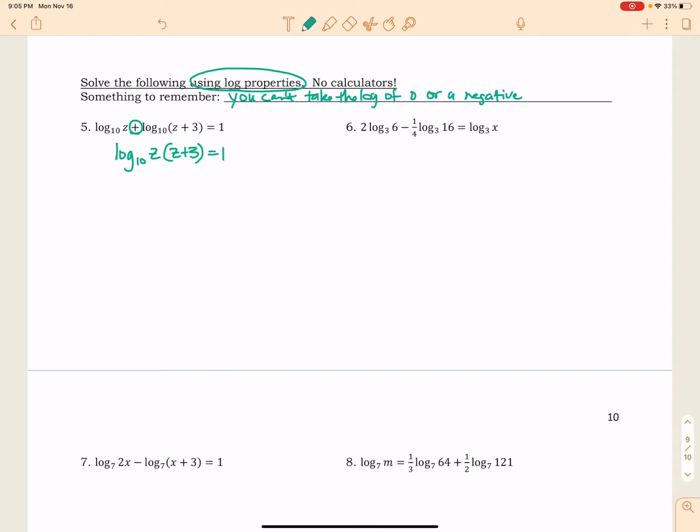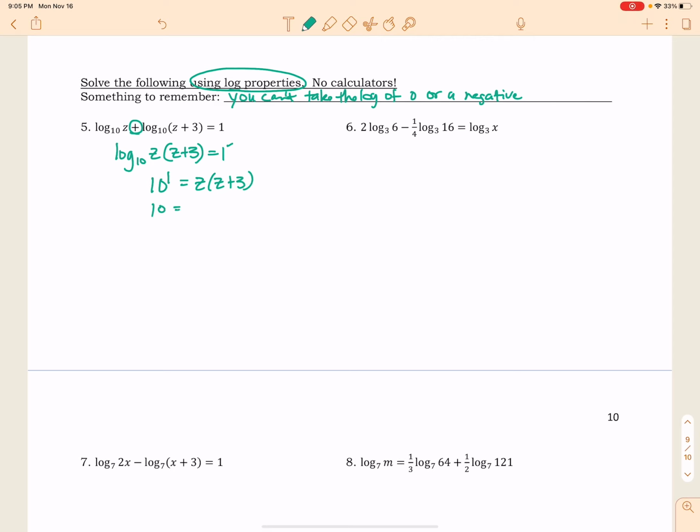And here on the right, we've got a constant. There's no way for me to solve for z in its current form, so I've got to put this in exponential form. That's what we learned in the very beginning of the unit. So I've got base 10, and I'm going to raise base 10 to the 1 power, and that's going to equal z times z plus 3.